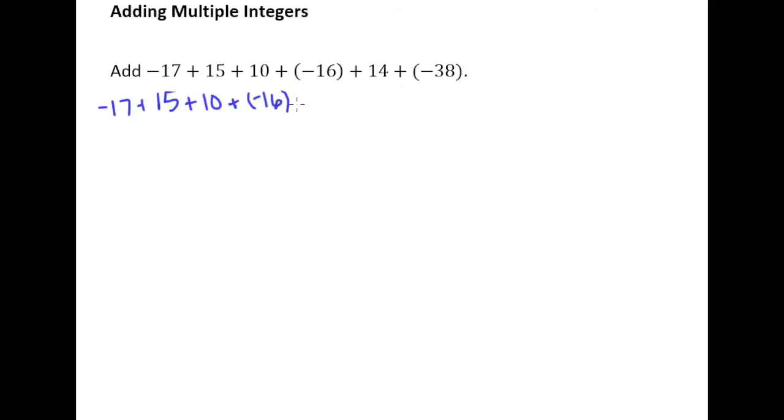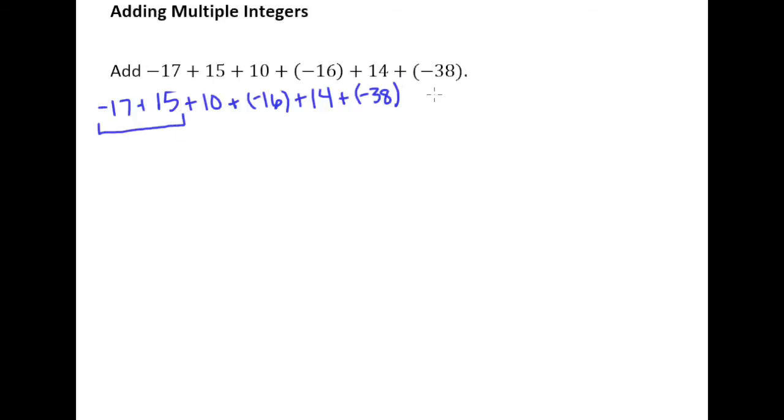And so this first method I'm going to demonstrate is just me going from left to right and making this just a problem where I'm going to add two integers and just keep repeating that over and over. So first I'm just going to focus on negative 17 plus 15.